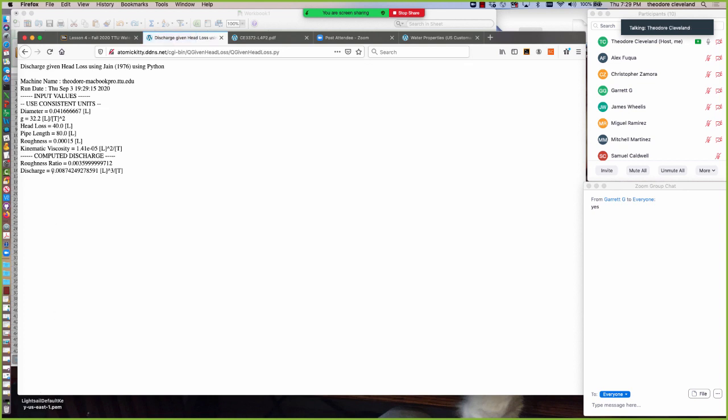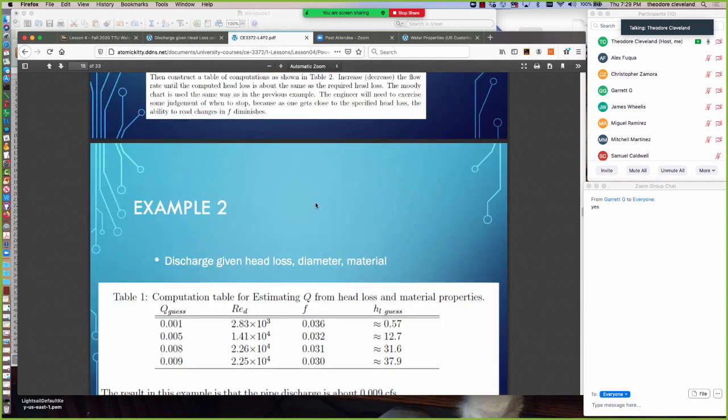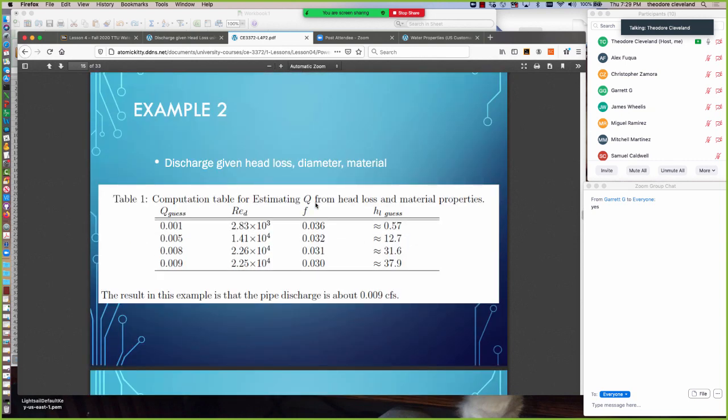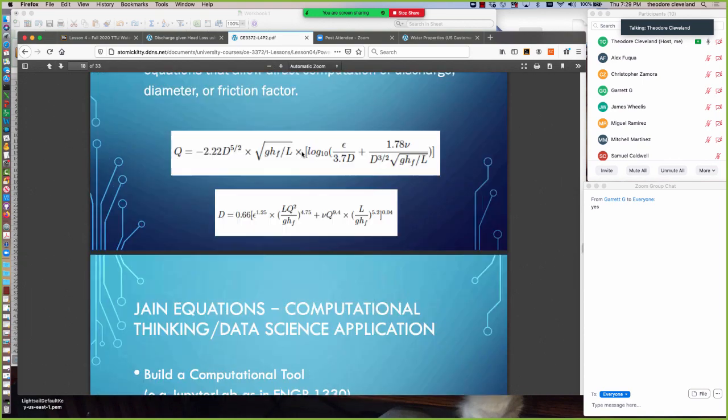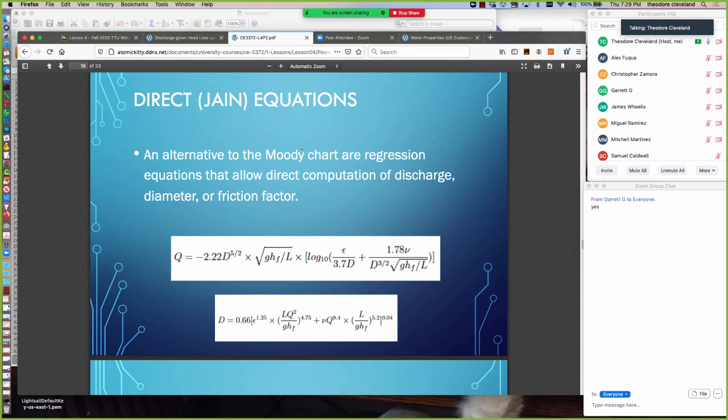And we get a discharge of 0.0087 compared to 0.009. Now, essentially the same result. And I would argue that for doing one of them, it doesn't matter, but if I had to do that 10 or 15 times, I think I would prefer the online computer document.